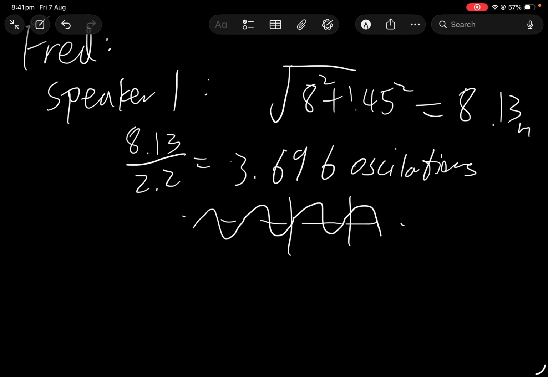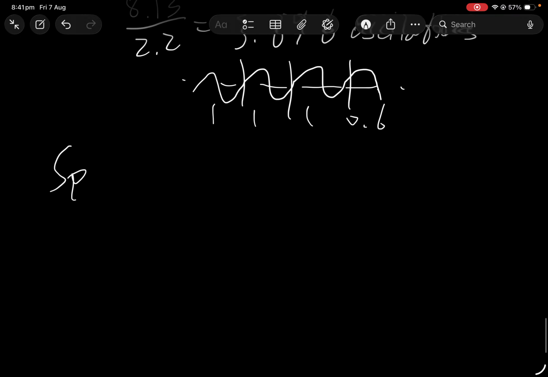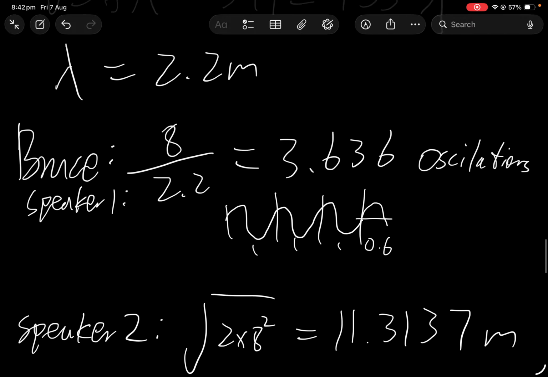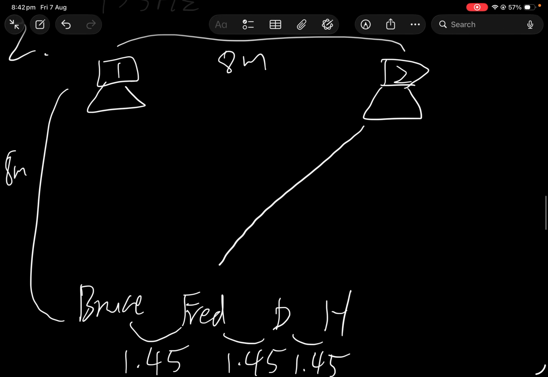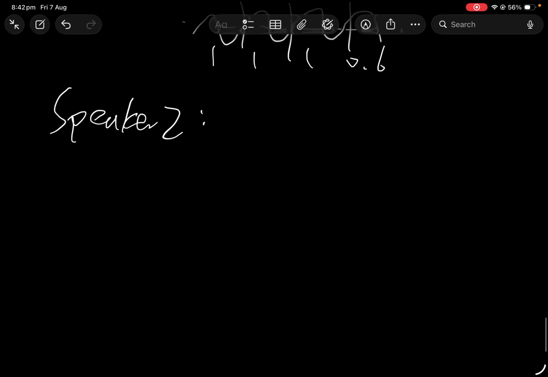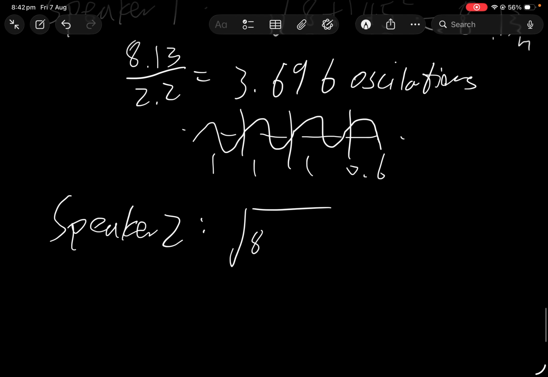It goes like that, 3.6. And then for speaker 2, I go from here to here, we know that is 8, and we know this is 1.45, so it's just 8 minus 1.45. So what we can do is 8 squared plus (8 minus 1.45) squared, and that will find us the distance.